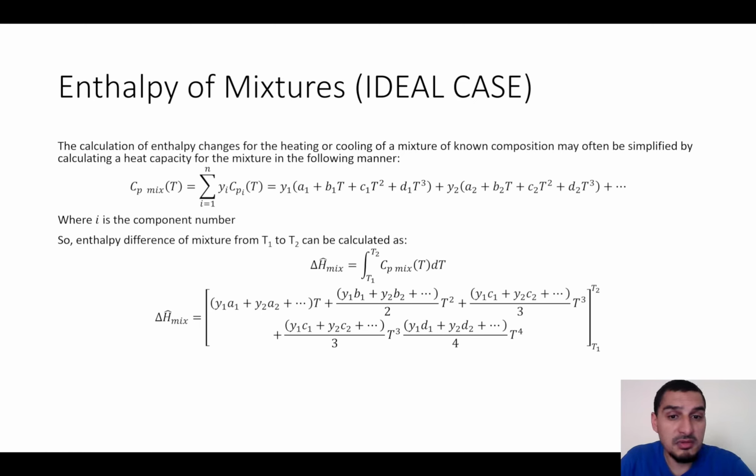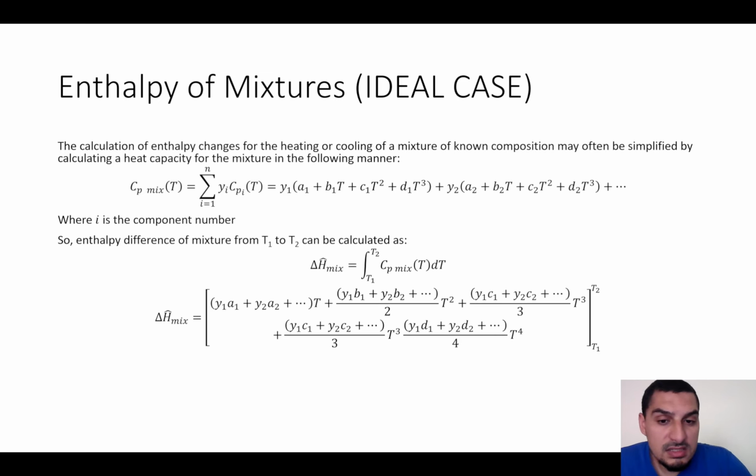It's exactly the same calculation that we do for the delta H for a pure component, but the only difference is the constants. This is what you are going to make in a different way.